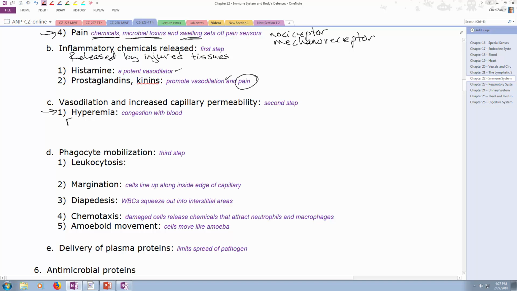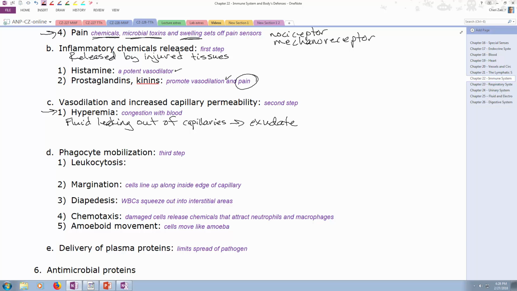So what blood vessel will the fluid leak out of? Capillaries. That's part of our capillary dynamic. We call that fluid an exudate. Initially, it's going to be clear, but as more fighting goes on, more cellular debris goes in, it will become cloudy, and even if we actually have destruction of some of the blood vessels or capillaries in the area, we can actually have it even bloody.